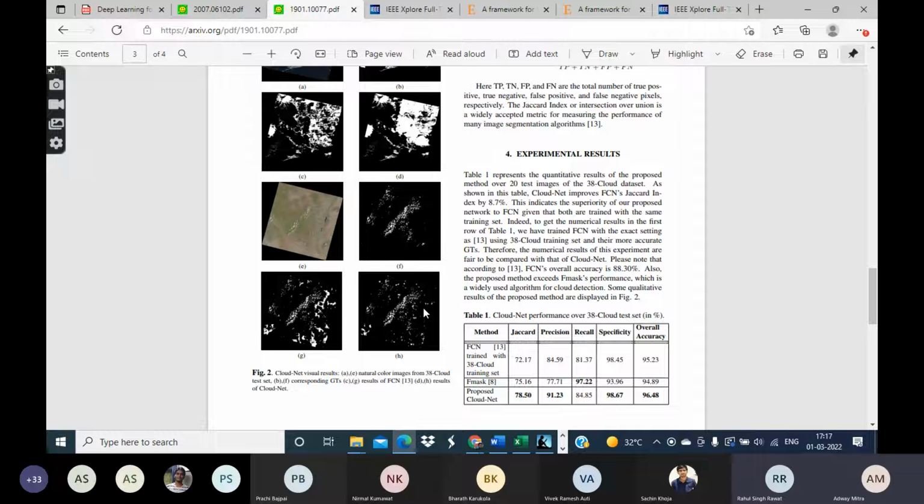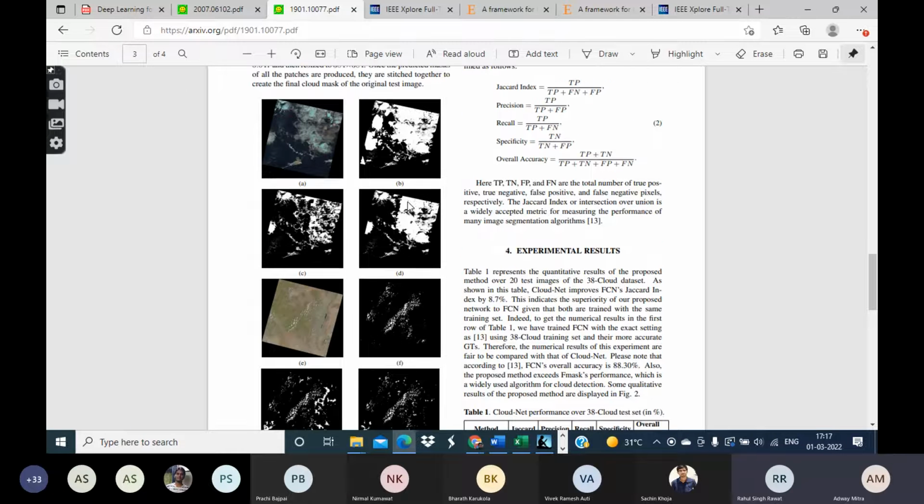Okay, so we can see this is the ground truth, and this is what their cloud detection algorithm is predicting. To evaluate, we have to look at the precision of the cloud detection. That is, we see how many pixels actually contain cloud and have been predicted as cloud, and how many pixels have no cloud and have been predicted as no cloud.